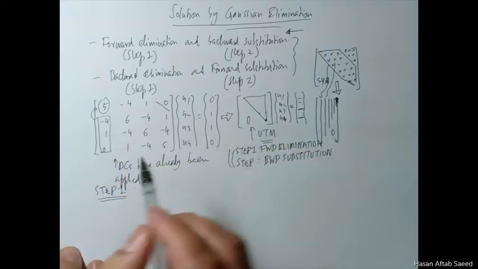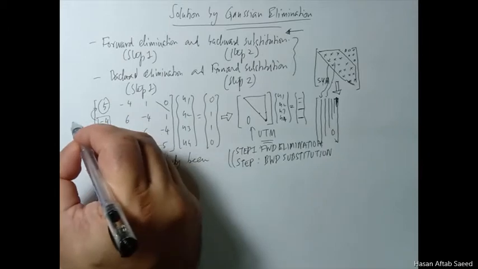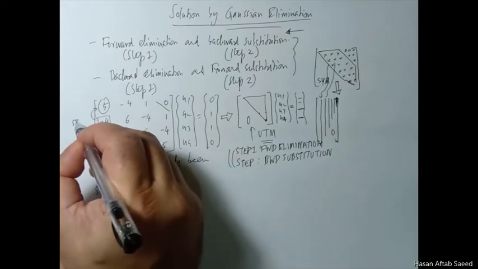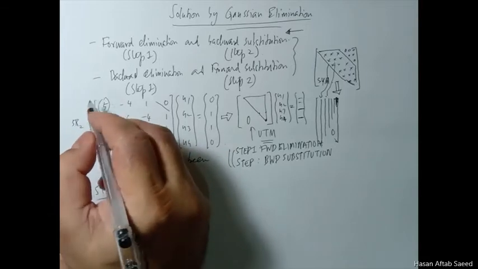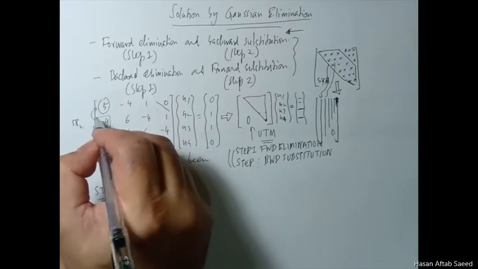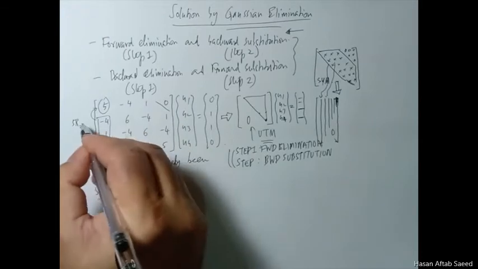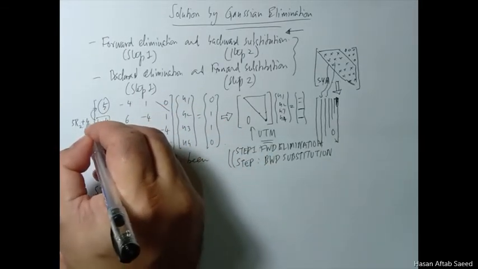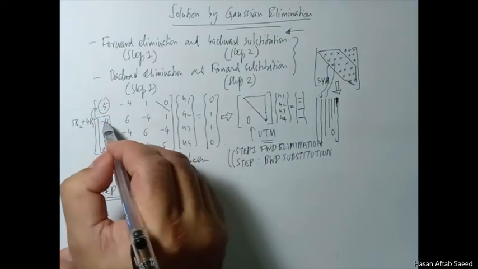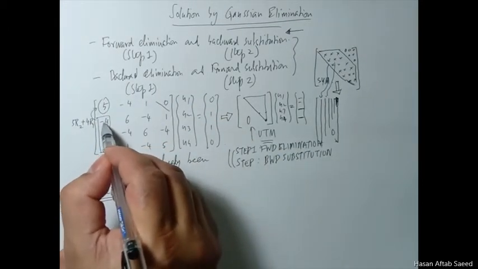You can very easily see that if you multiply row 2 with 5, and then add 4 multiplied by row 1, this becomes 0.